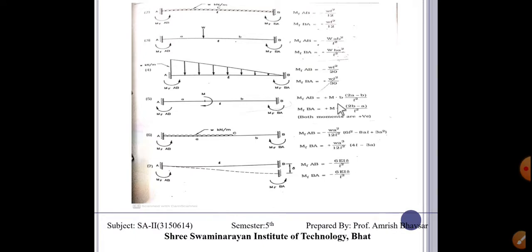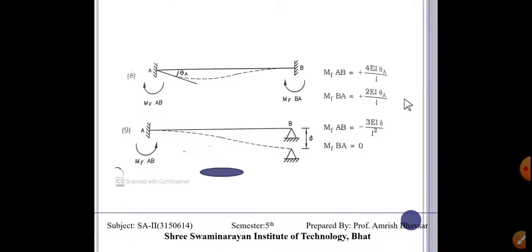So whichever kind of loading is acting on our beam or frame, we have to take the fixed end moment from this table. This fixed end moment is our initial moment for finding the next thing.